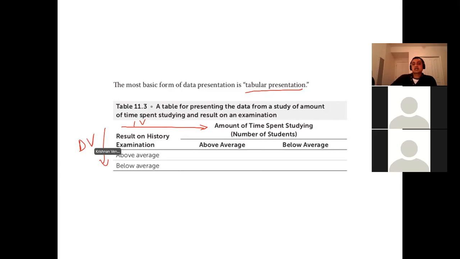So this is almost like a protocol or a procedure that researchers follow. Even when you're making tables, your independent variable tends to go along the x-axis and dependent goes along the y-axis. It's not horribly wrong to do it the other way for tables, but people typically follow these guidelines.